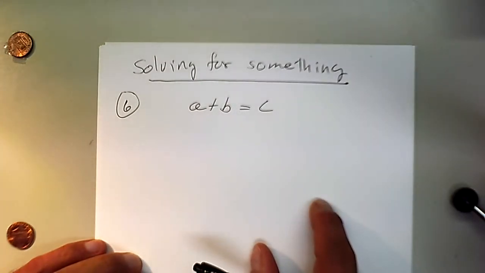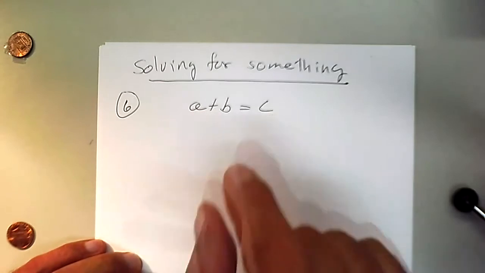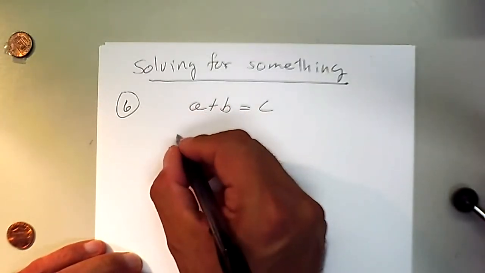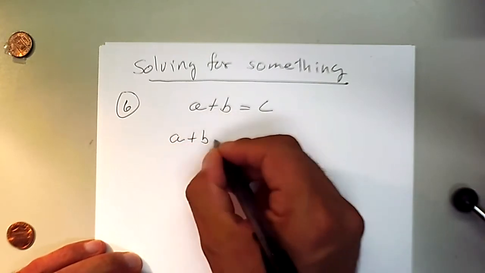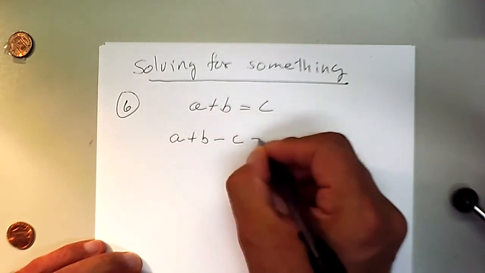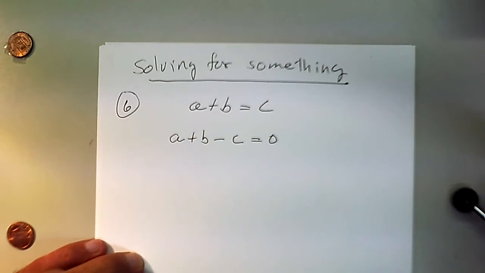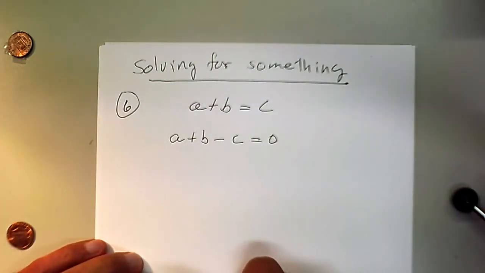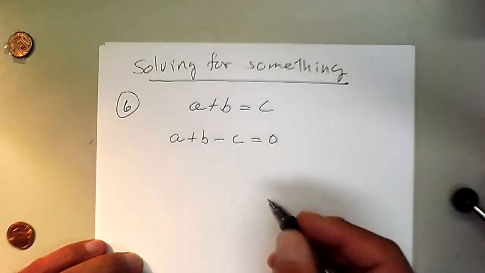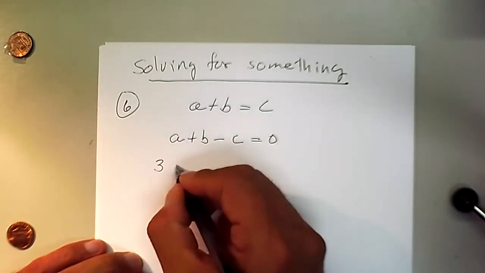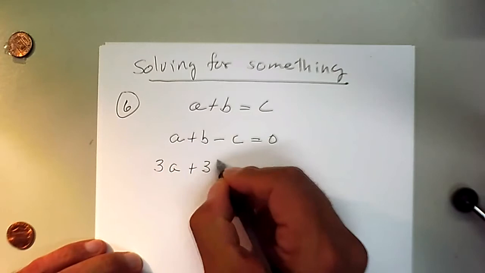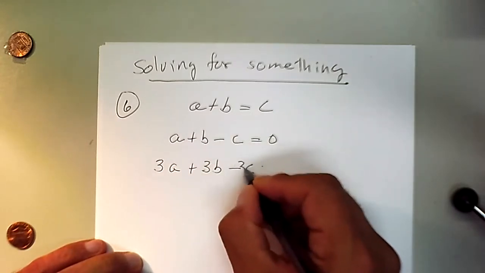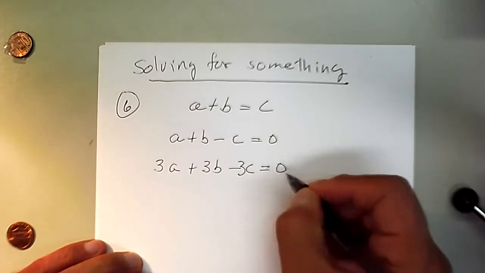So for example, we can put everything on the left side of the equation. So this equation is equivalent to A plus B minus C equal to 0. Or we can multiply this equation by 3. It's really kind of silly to do that. 3A plus 3B minus 3C equal to 0.